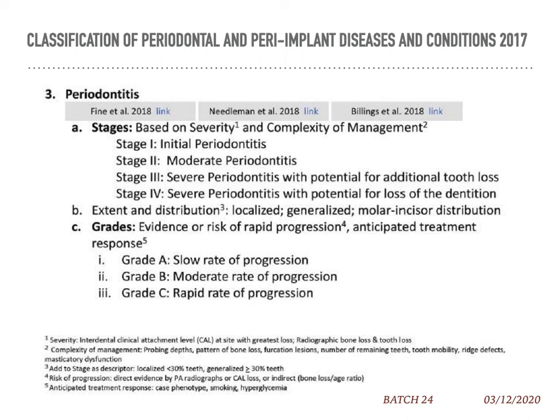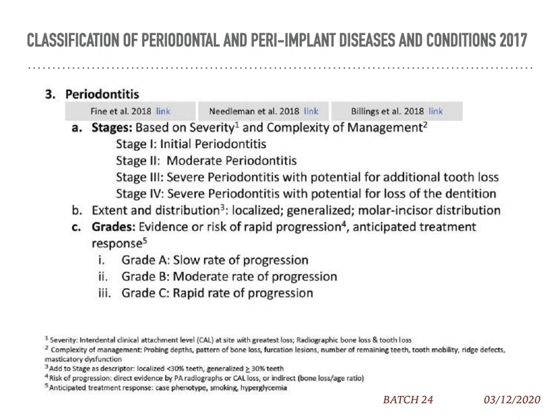So generalized aggressive periodontitis is again put under generalized periodontitis, not as aggressive periodontitis, right? Based on the staging, it is initial periodontitis, moderate, severe periodontitis with potential for additional tooth loss, and severe periodontitis with potential for loss of dentition. So this is what the new classification states.